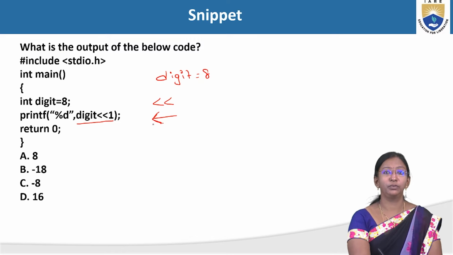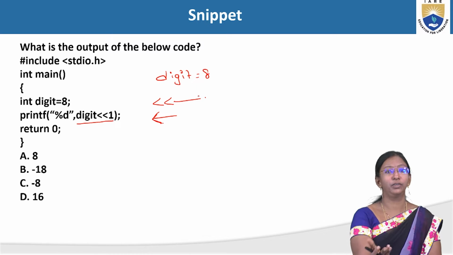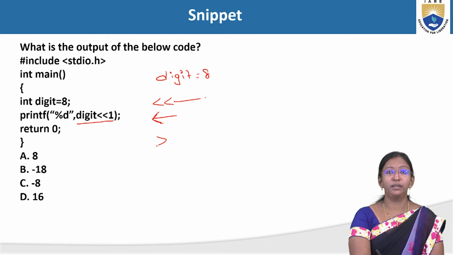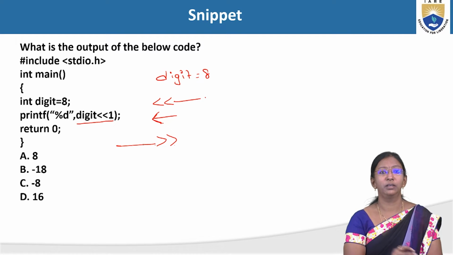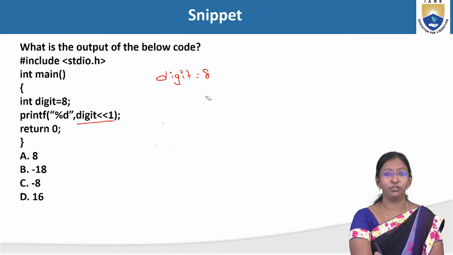Most of the students get confused here about whether it is bit shift left or right. Very simple. Whatever the symbols they give, put a line in front of it. You will understand in which direction it is showing. If the operator they have given points like this, put an arrow. Right shift. Here in this question, they have given the left shift operator.